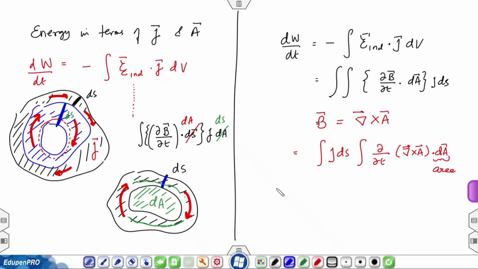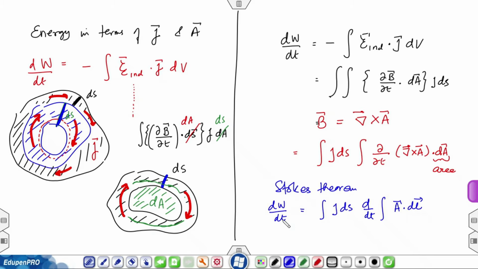Now, I again use Stokes' theorem to write this whole thing as integral J ds d/dt of A dot dl, where dl again is along the loop. So, this is dW/dt.